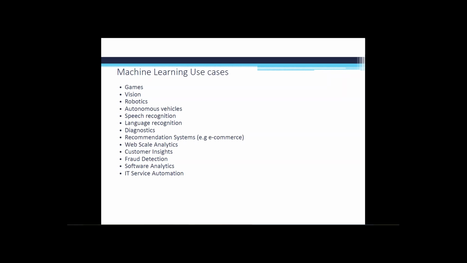Let's do speech recognition. Today, I'm sure there are several examples of software which do automatic recognition of what you're speaking. Siri, Google Now, classic examples. What does it do?